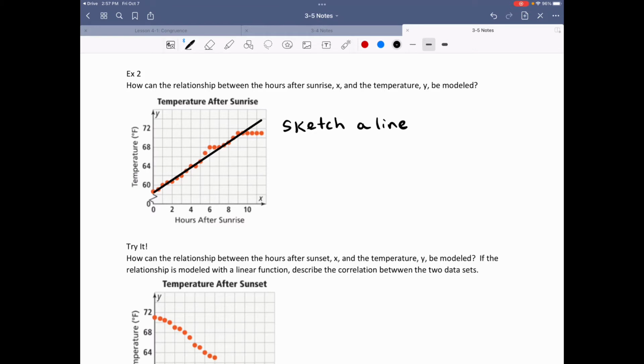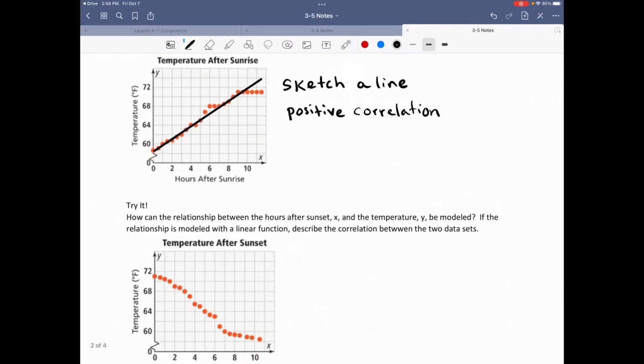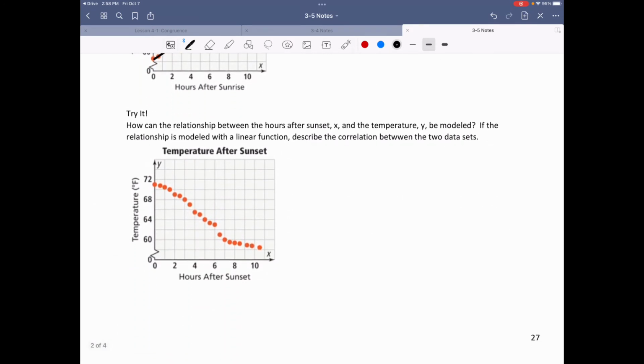And that shows a positive correlation. Again, for this try it, I want you to save that for tomorrow so that way you can go back and review your notes. So turn the page.